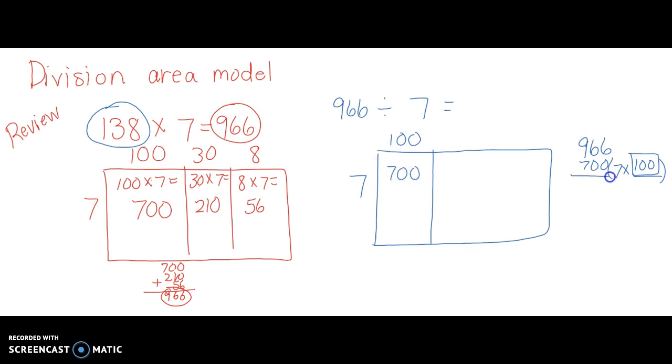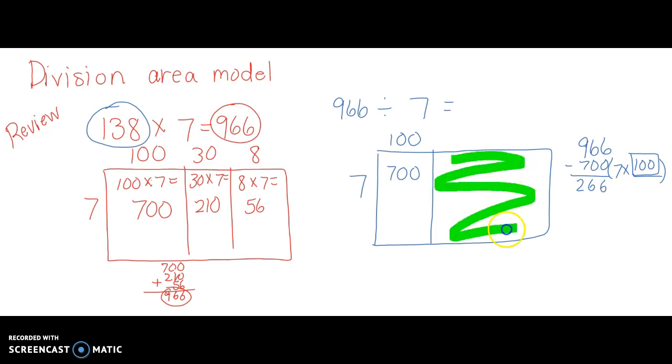And over here, let's see how close I came and how much is left. So let's subtract. 6 minus 0 is 6, 6 minus 0 is 6, and 9 minus 7 is 2. So now I have 266 left here in this area.